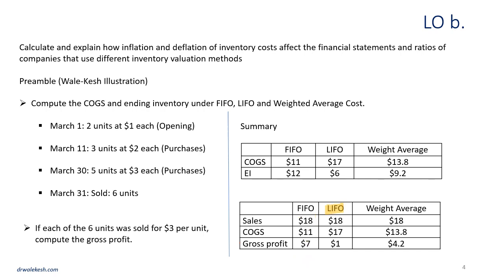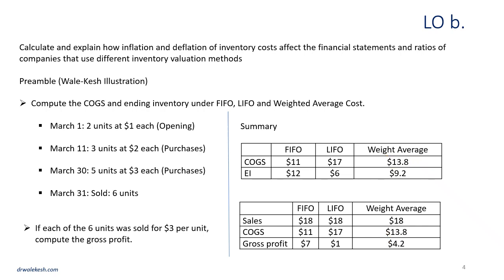Under LIFO, it will be 18 minus 17, which is $1. Then under weighted average cost, it will still be 18, but now minus the cost of goods sold, which is 13.8, and that is $4.2.